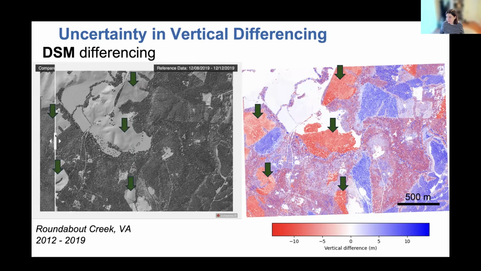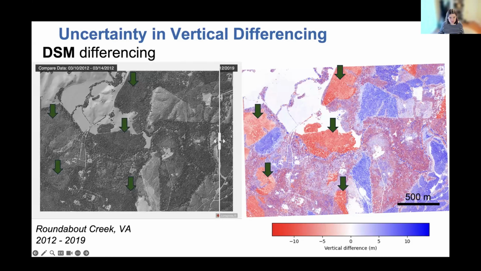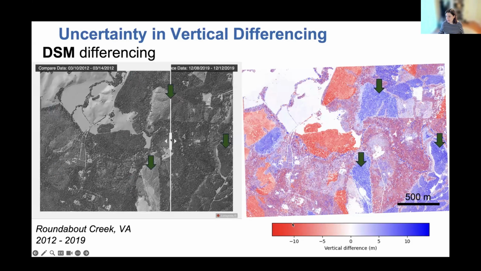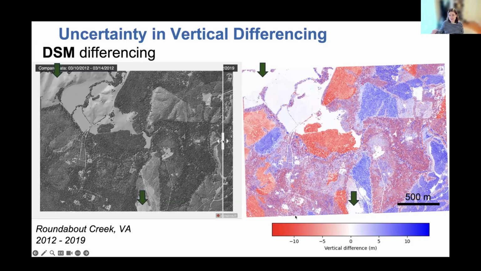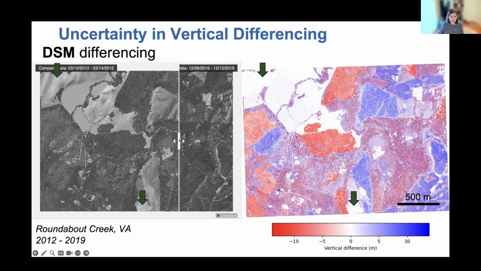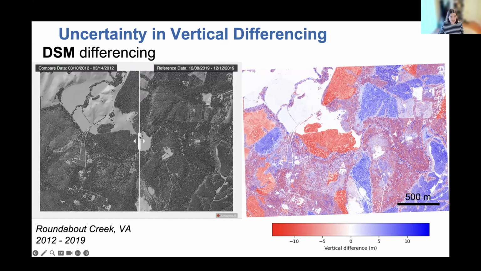We also see areas in blue where trees have been replanted and grown. Areas with no change are shown in white.